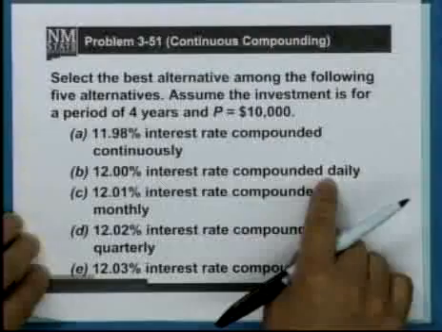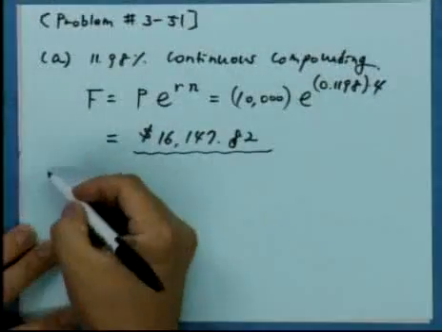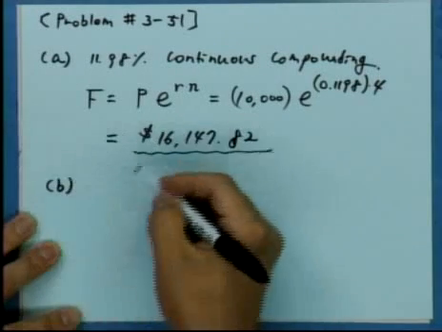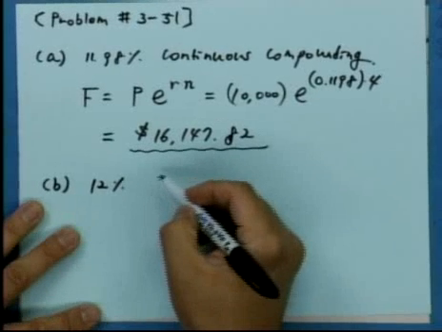Okay. And what about the alternative B, 12% interest rate compounded daily.